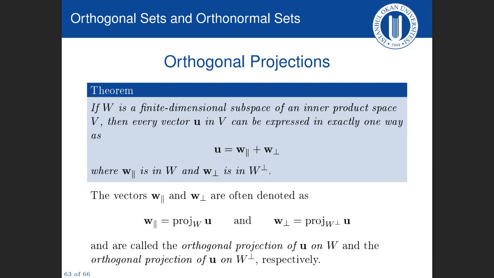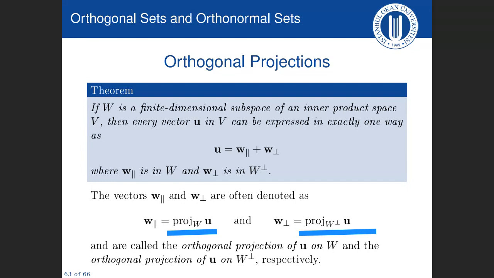For W parallel, we could also write the orthogonal projection of U onto W. And for W perpendicular, we could call this the orthogonal projection of U onto the orthogonal complement of W.